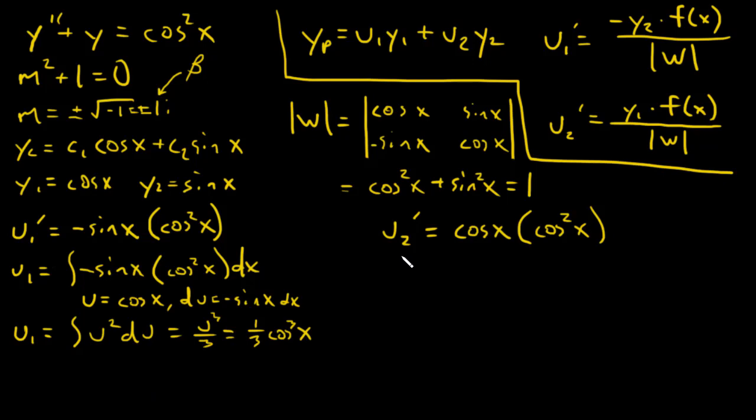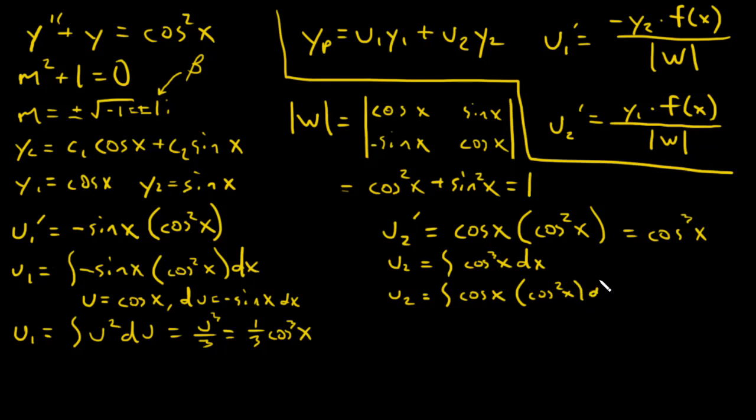So that's our u1. Now our u2 is going to be the integral of cosine cubed x dx. We're going to break off a cosine. This is one of the techniques that you learned in Cal 2. We break it off as cosine x times cosine squared x dx, and then do a trig substitution for this cosine squared x and wind up with u2 equal to the integral of cosine x times 1 minus sine squared x dx.